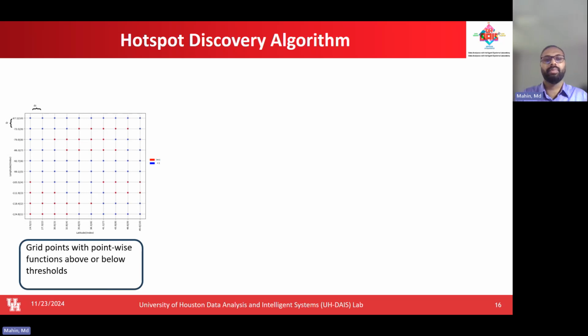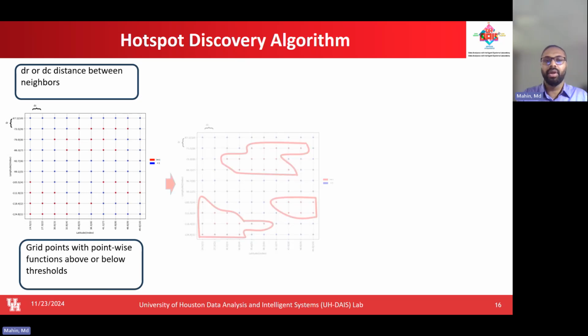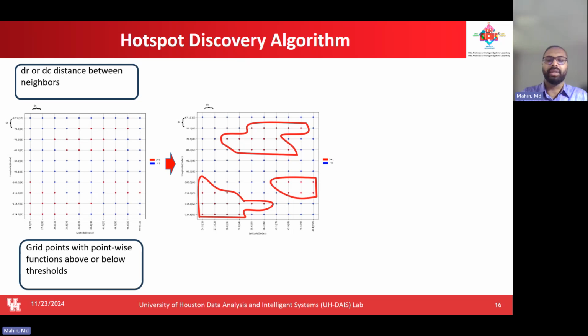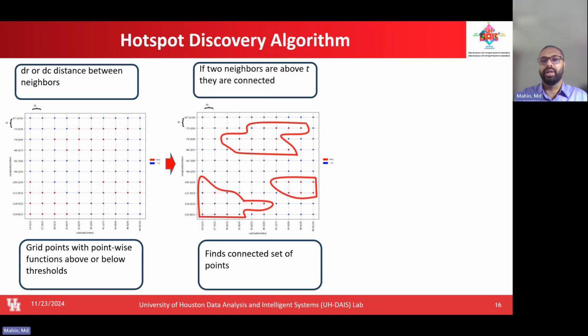For example, red points are above the thresholds and blue points are below the thresholds, and each 2 points have a certain distance between neighbors, DR, etc. Now we find all connected points.